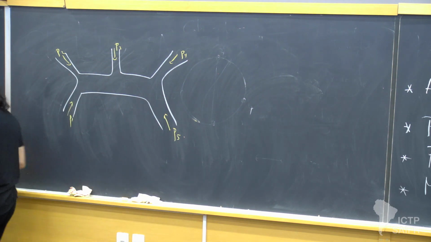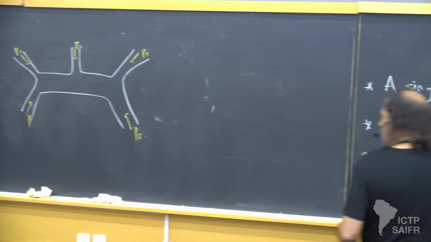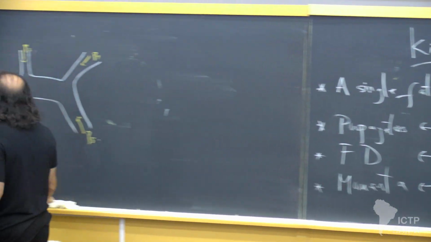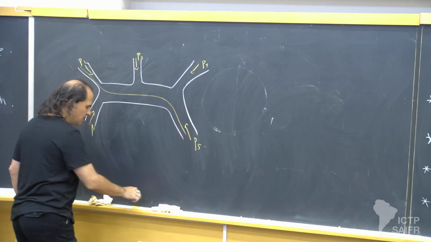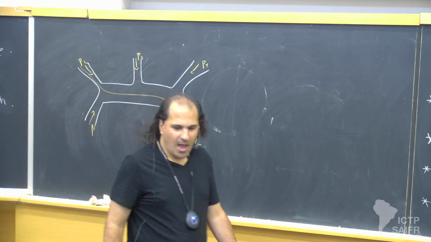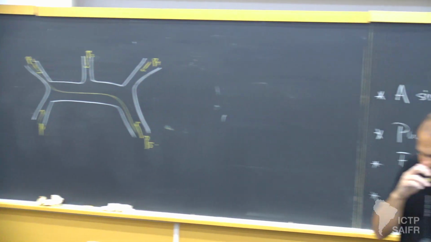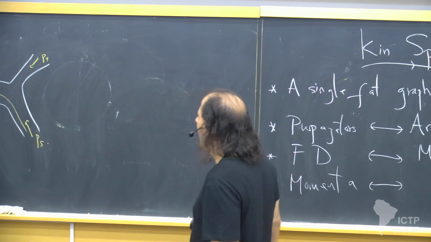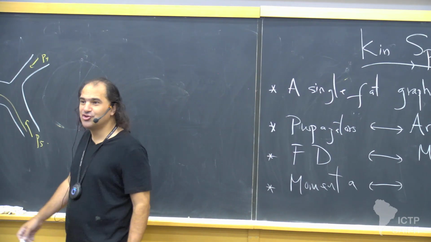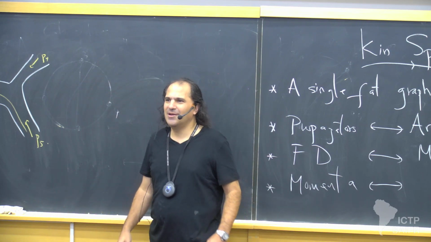Okay. But now I want to know for any old arc, so let's say this arc, what is the momentum that I'm going to assign to that arc? The homology rule translates to the following. It's really simple, but I won't prove it.